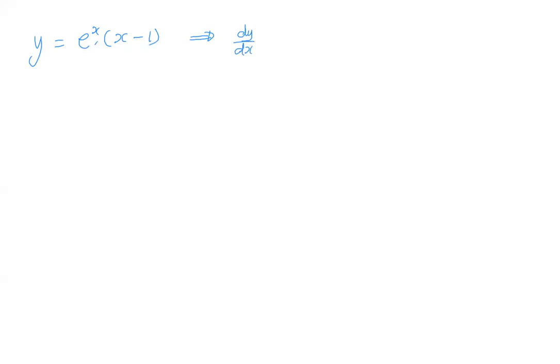Product rule, yes, because this is your u, this is your v. If I give you y equal to e to the power of 5x minus x, what rule to use? Simple rule, yes, you are right. This can be simplified as 6x. So we use simple rule.